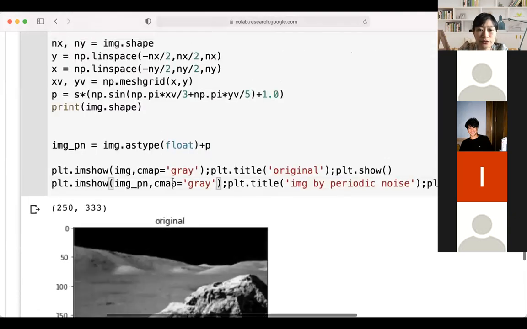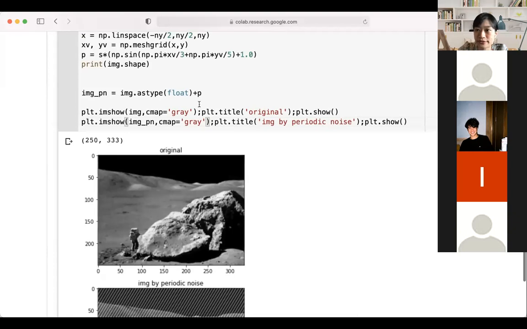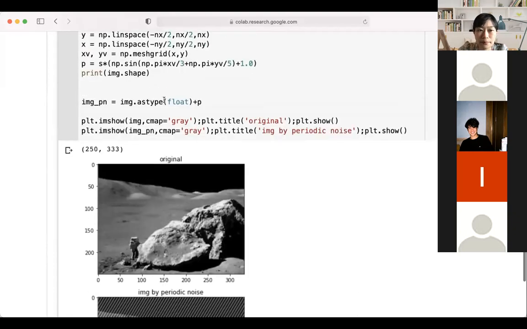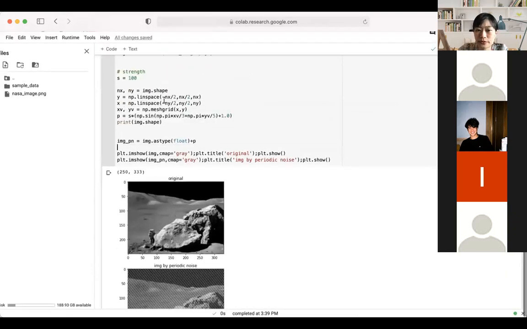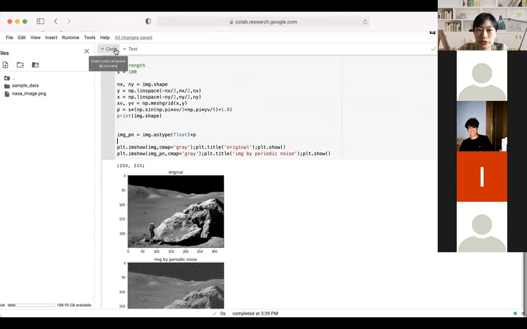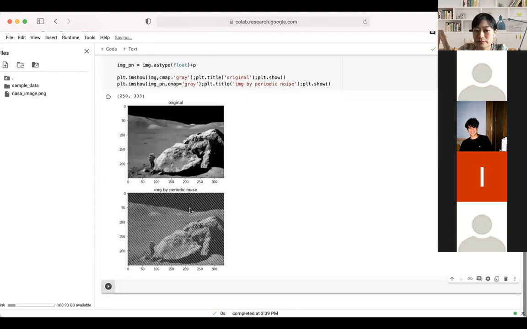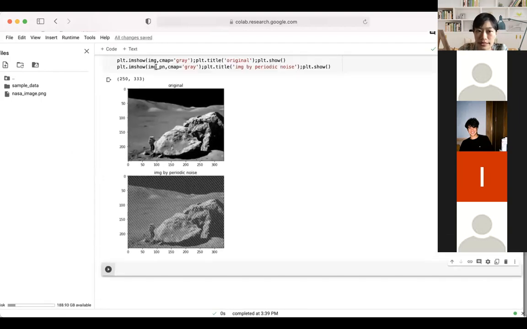And then I'll let you apply the Fourier transform. So I'll give you 1 or 2 minutes on this image.